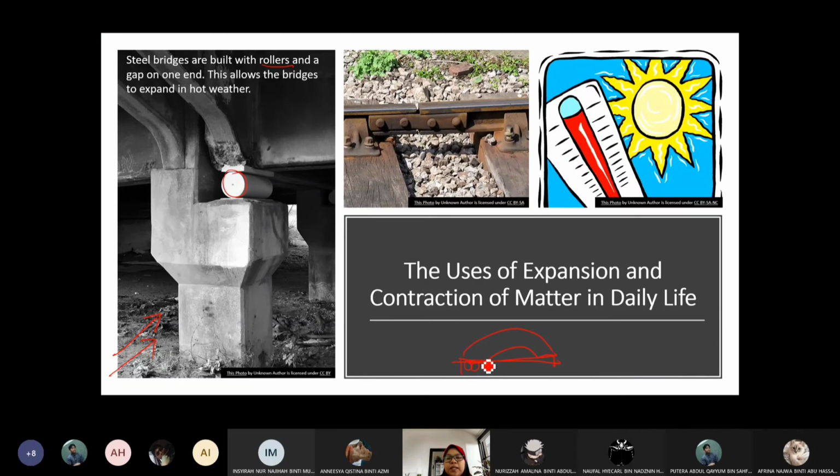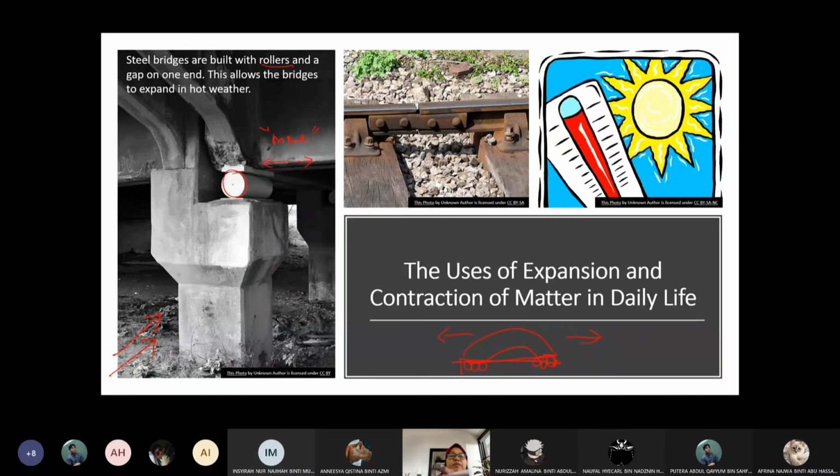So what is the function of the rollers? The rollers enable the bridge to move back and forth when it expands and contracts.